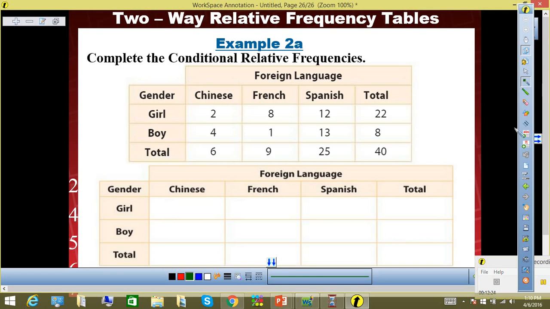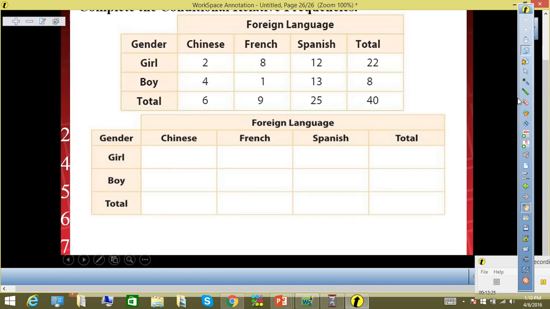All right. So, let's see. Can you help me out with one of the cells for the joint relative frequency?